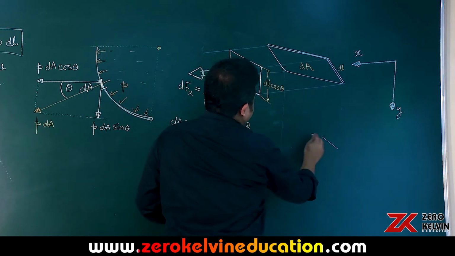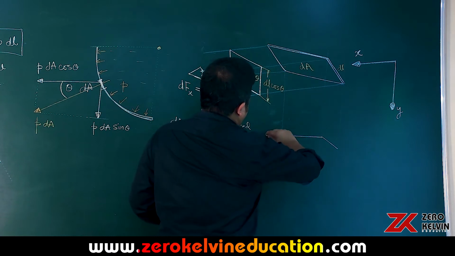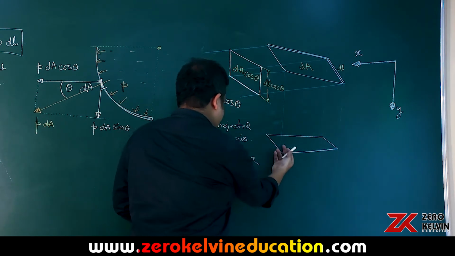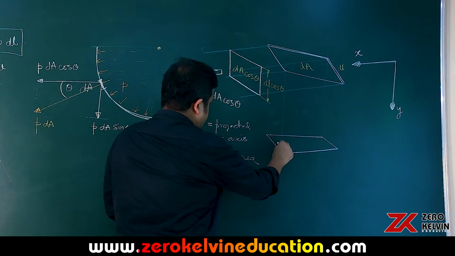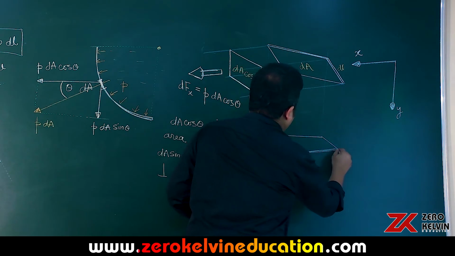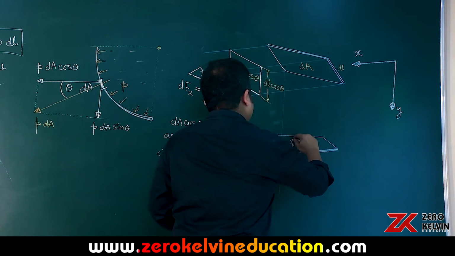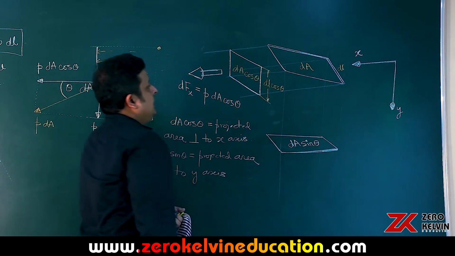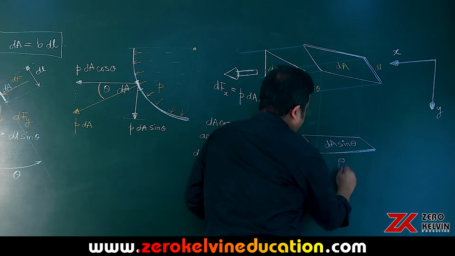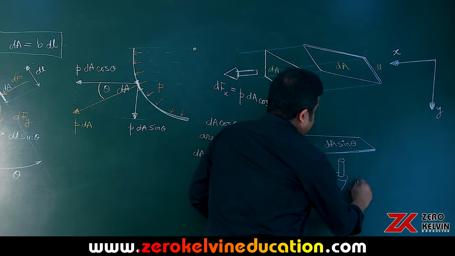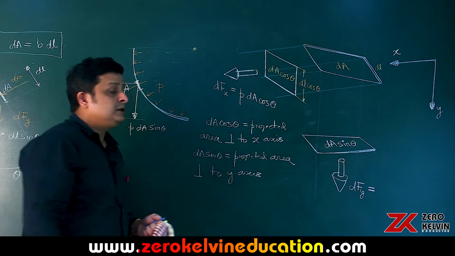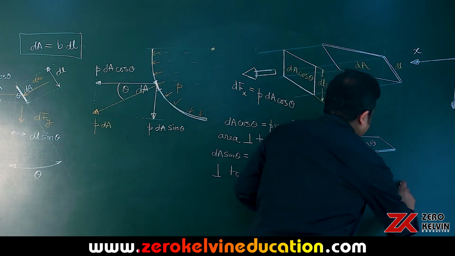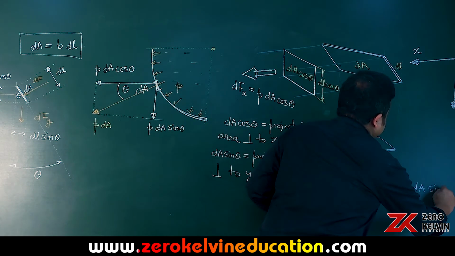Shadow means projection. So this area is dA times sine of theta, and the y component of the force which acts downwards, we write it like dFy, is equal to the pressure acting on the surface multiplied by the projected area perpendicular to the y-axis. So P multiplied by dA sine of theta.